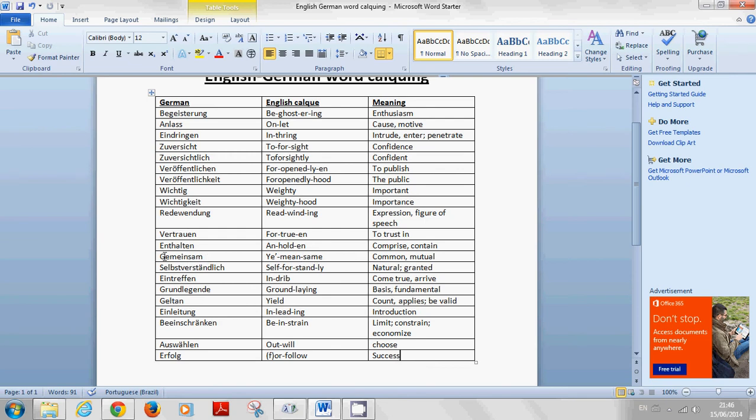This next one, German gemeinsam. In English, this is "ye mean same." This "ye," this ge in German, is kind of like an old verb root for the past, because in German, like for ungesungen, which is I guess the past tense or past participle of the verb gezogen, which means to move something, I believe.